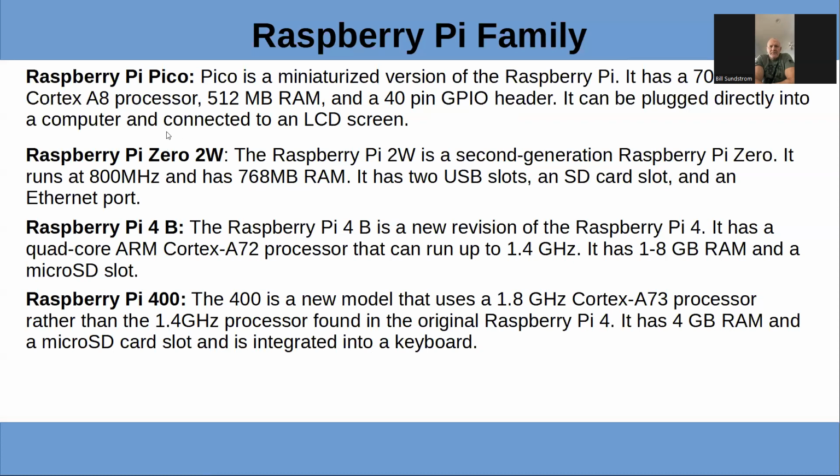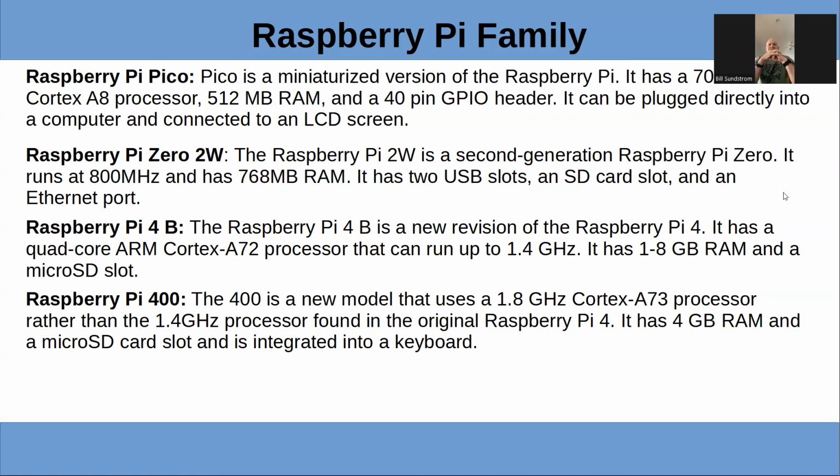Then the Pi Zero. They've come out with the Pi Zero 2, which is twice as fast as the Pi Zero, and this comes in a wireless or a non-wireless version, depending on what you need. This is typically what you would see in a hotspot.